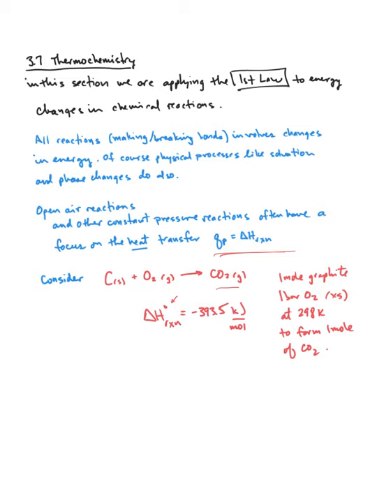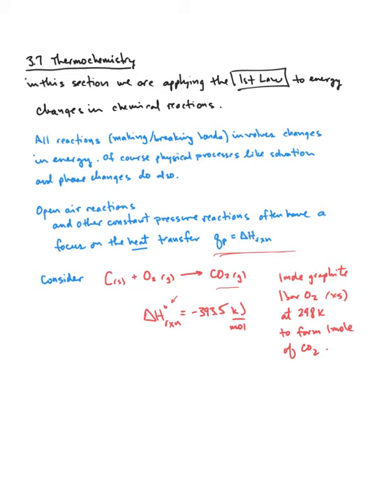Now, it's not true that the temperature is defined as the standard state. You might have learned previously that there is something called STP, standard temperature and pressure, but that's not what this is. This is considered to be a standard state reaction. Any element is in its standard state. The standard form of carbon is graphite. The standard form of oxygen is O2 molecules.